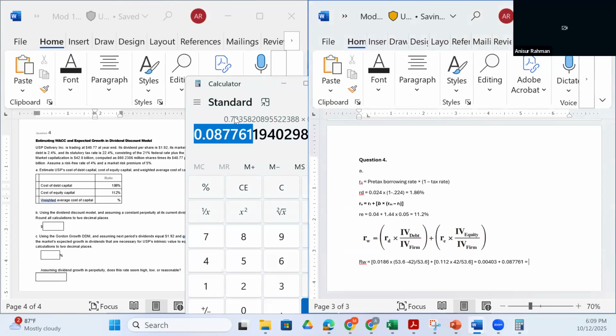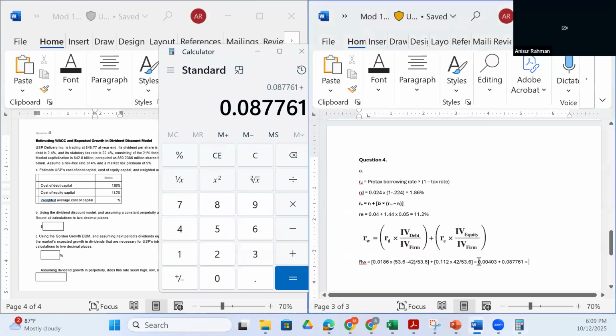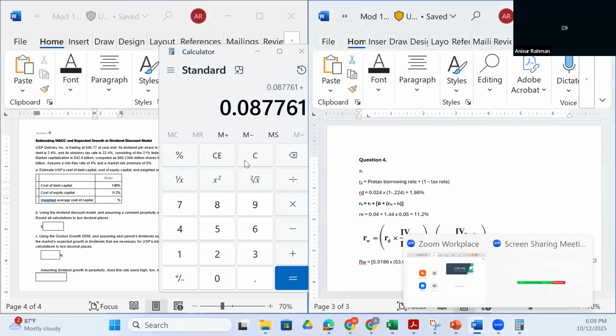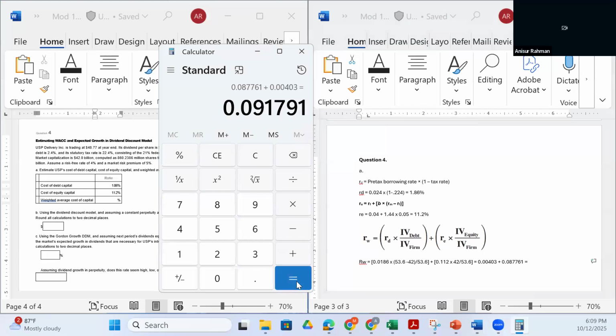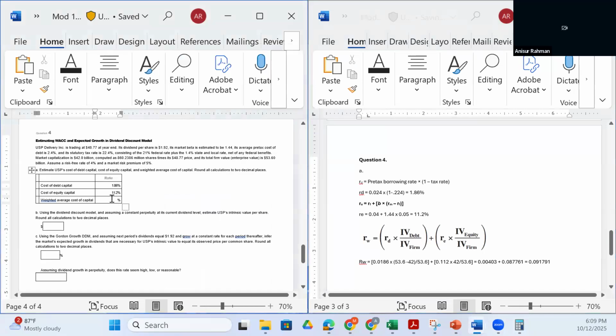And then I'm going to add this part. So which will be this. And up to 2 decimal places, it will be 9.18%.